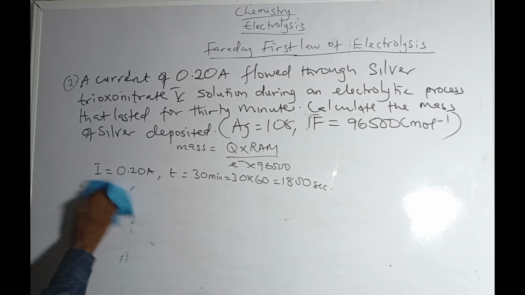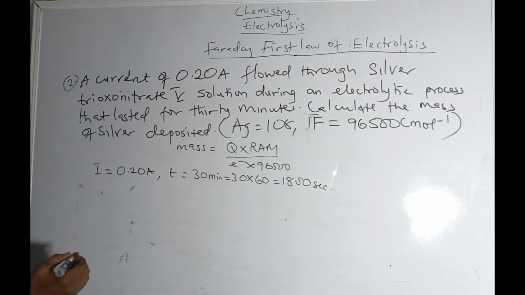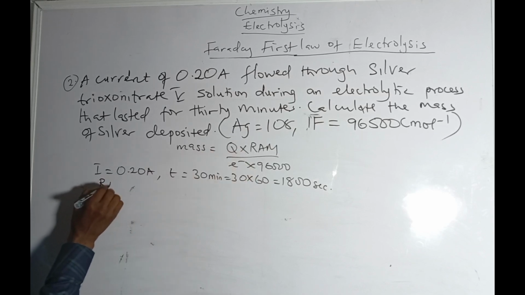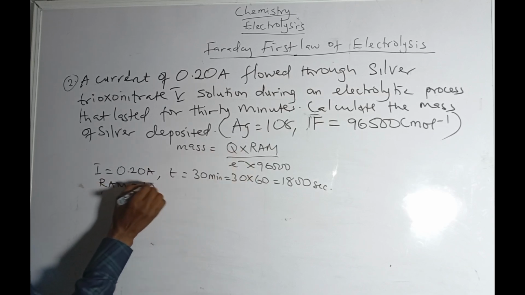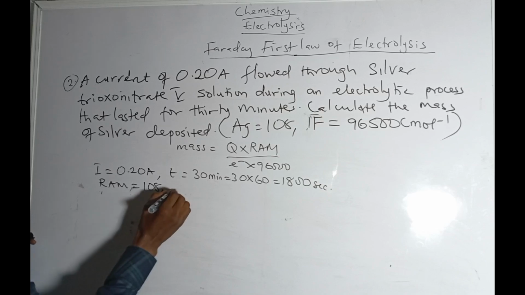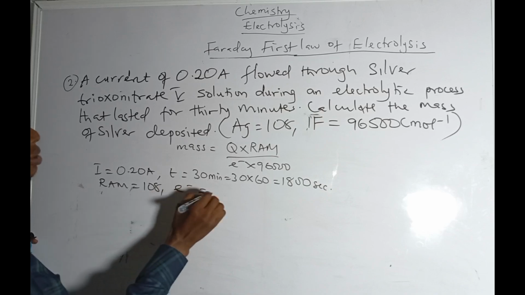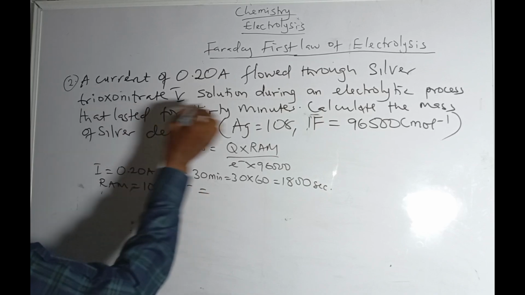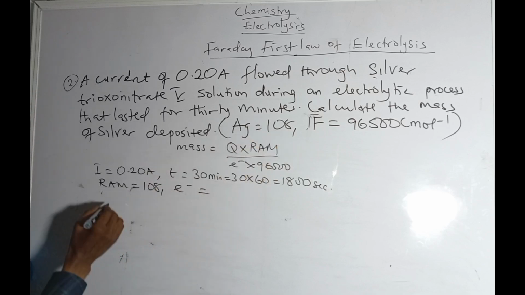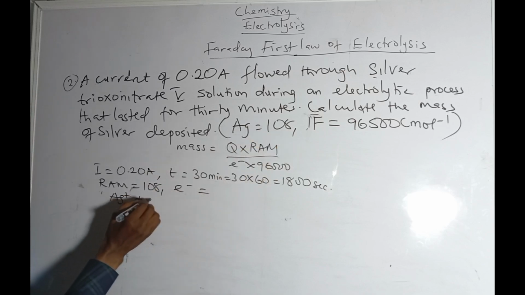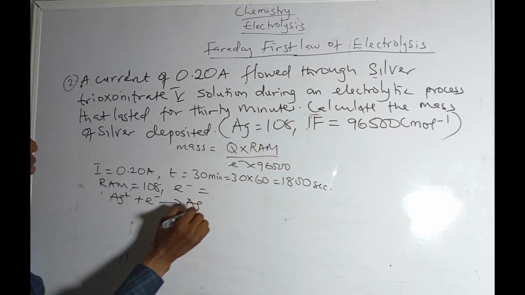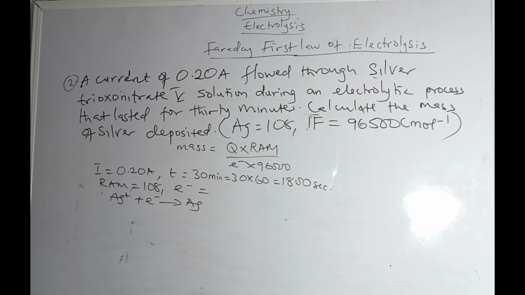But before we substitute, what is RAM? RAM is 108. Then what is E minus? Since they are talking about silver, that is Ag, so it will be Ag+ plus e- to give Ag. So the E minus is 1.